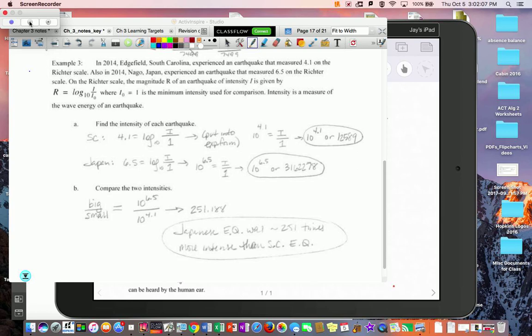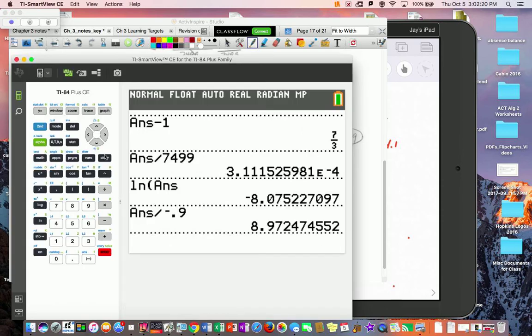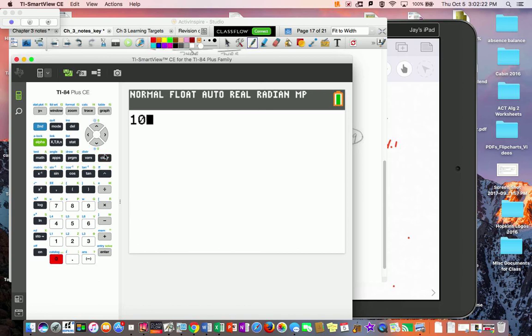Well, I over 1 is just I, so the intensity is 10 raised to the 4.1. And if you go to the calculator and do 10 raised to the 4.1 power, you get 12,589.